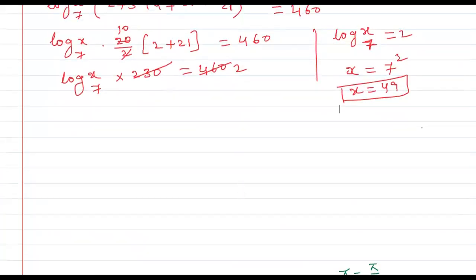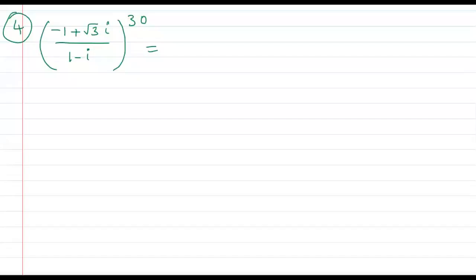Next. So this is a complex number related problem. Given: -1 plus √3i divided by 2, this is omega.